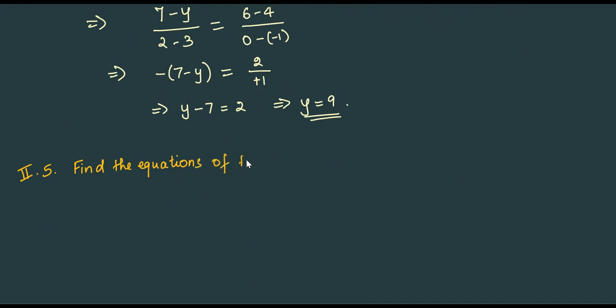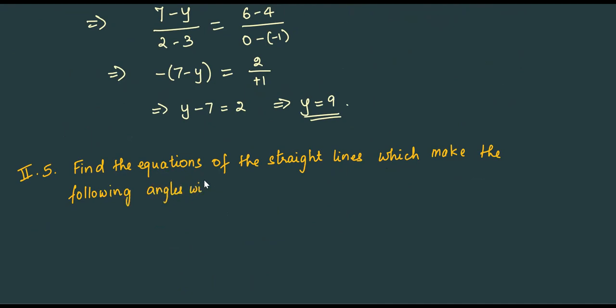Find the equation of the straight lines which make the following angles with the positive x-axis and pass through the given points.